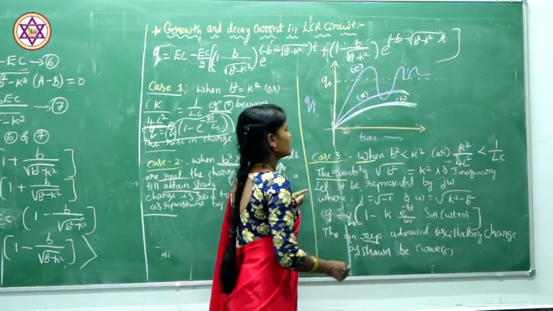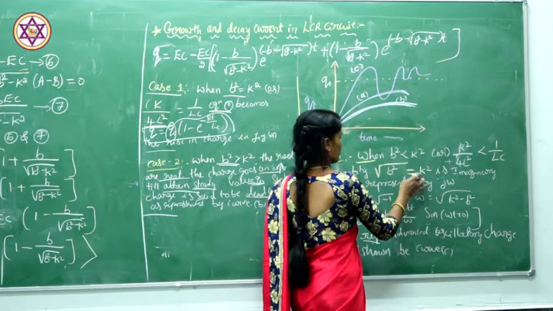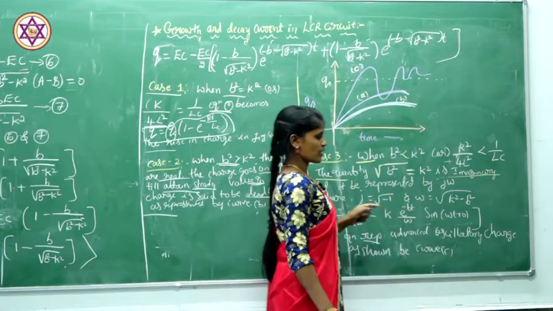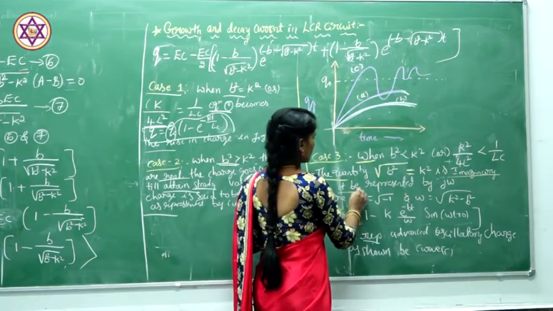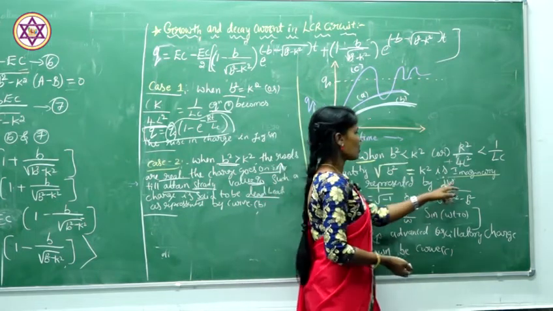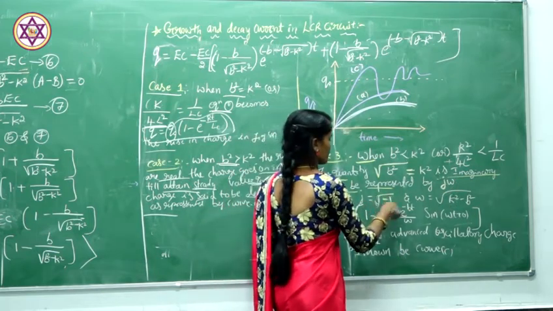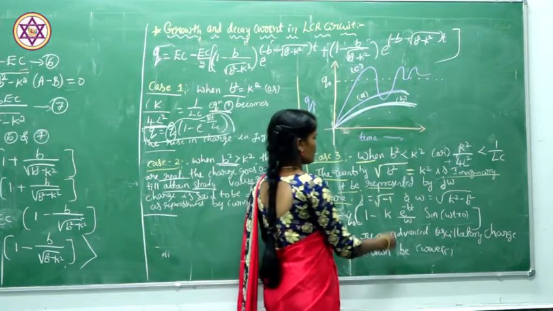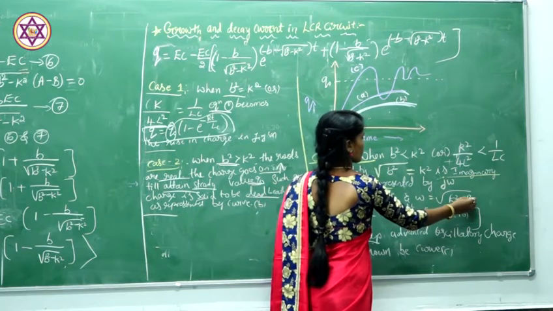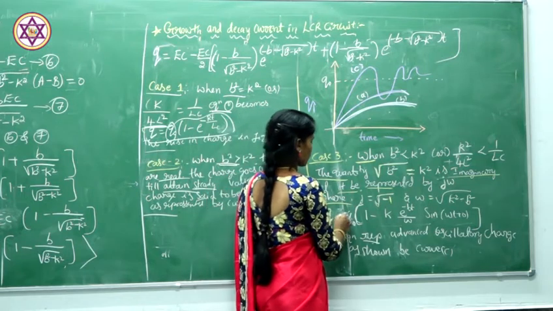Here the quantity root of b square minus k square is imaginary, so we can represent it by j omega. j is the root of minus 1, the imaginary part, and omega is equal to root of k square minus b square.